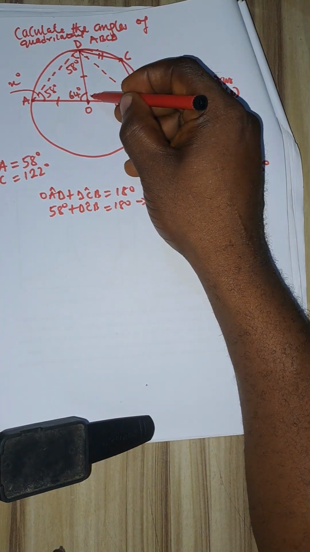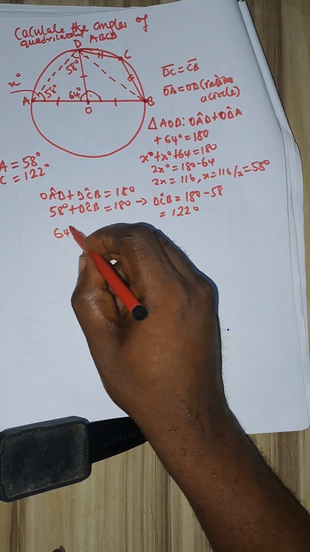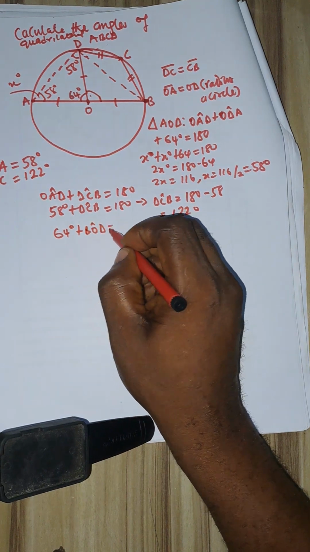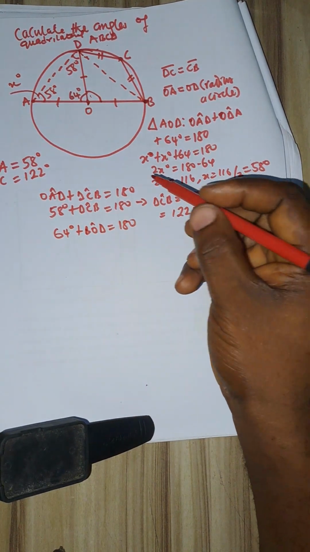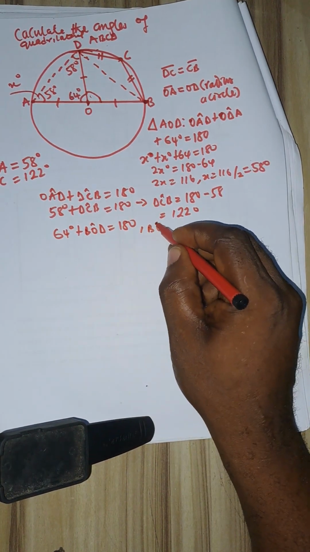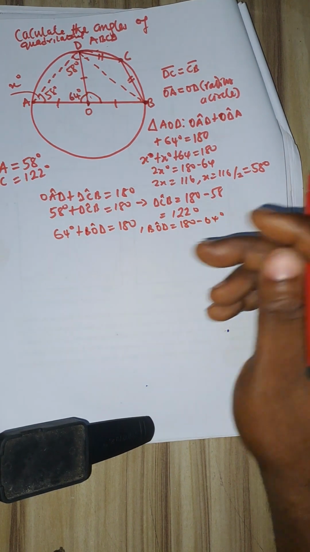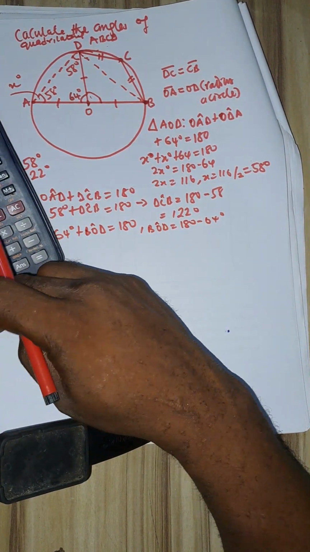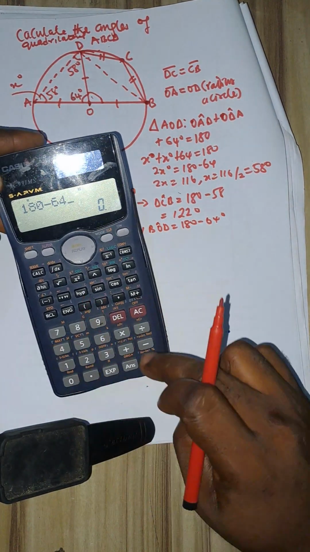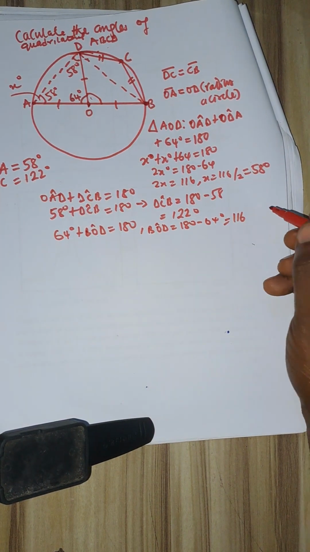But let's know what this angle is, because 64 degrees plus BOD is 180 degrees. Reason: sum of the angles on a straight line. So BOD will be 180 minus 64 degrees, which gives us 116 degrees.